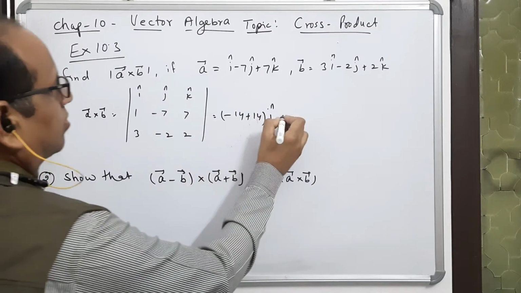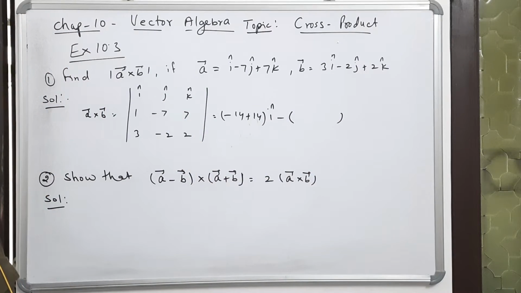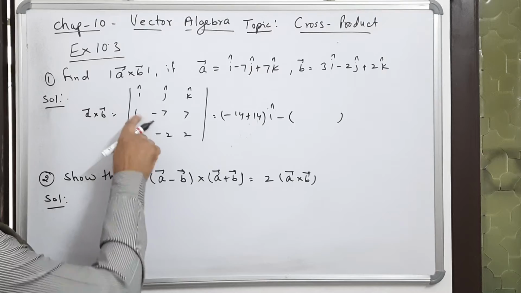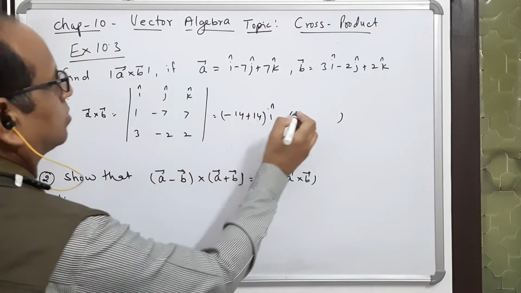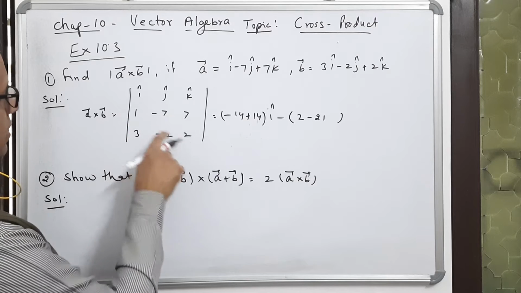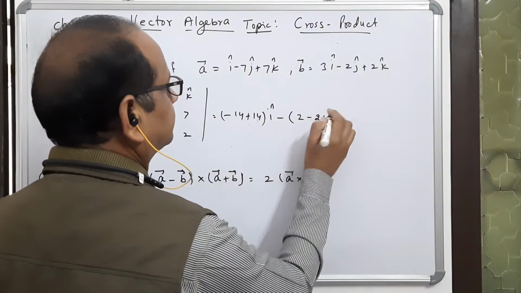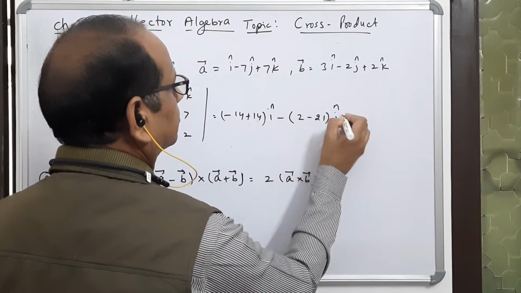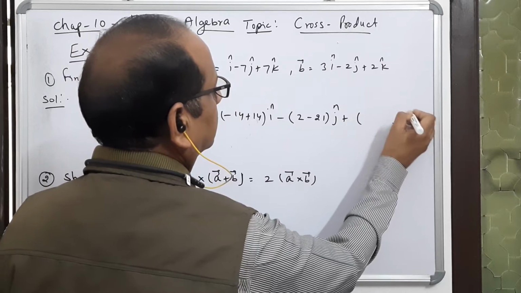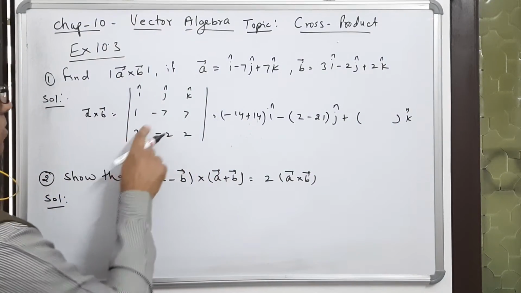Then it is minus, as you have read in the determinant, 2 minus 21. For this one it is 2 minus 21, J cap, plus K cap. For K cap, minus 2 plus 21.